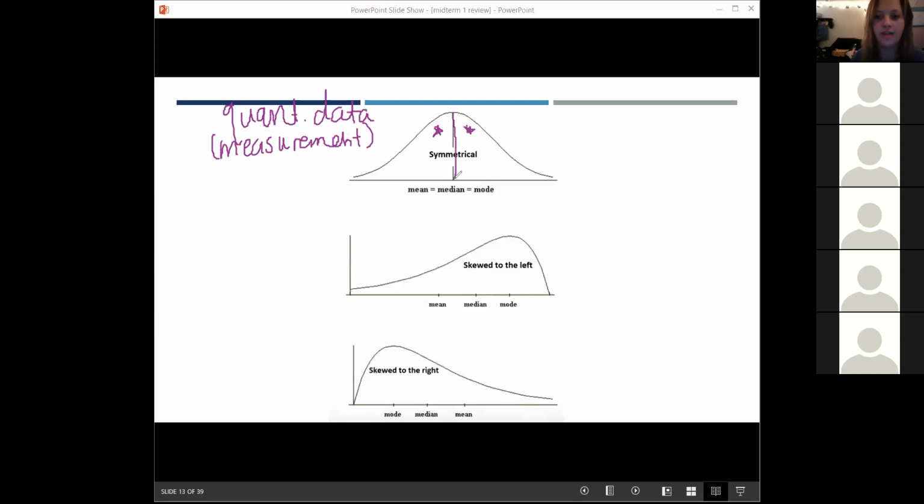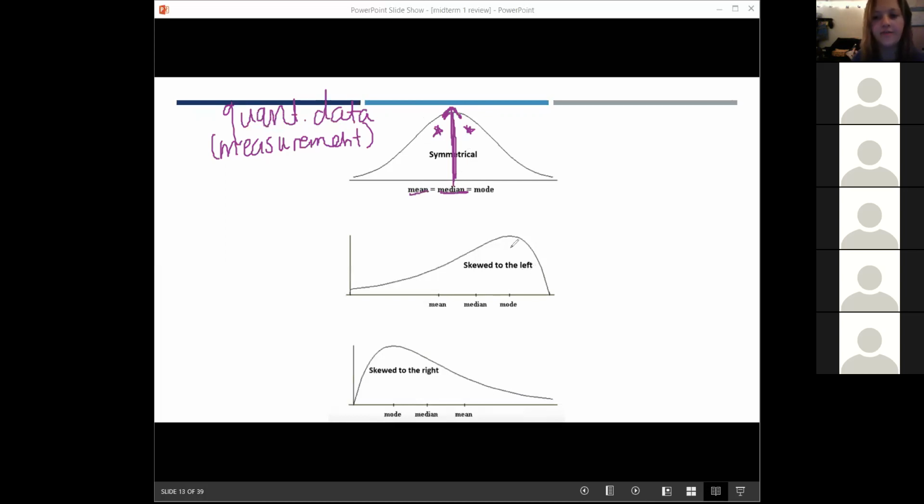It basically means that everything is in the center here. And remember, your mode is your most commonly occurring value, so you can see it's the highest point on the graph, which just happens to be the middle. That's why it's also equal to the median, which is the middle position between your numbers, and your mean is your average.